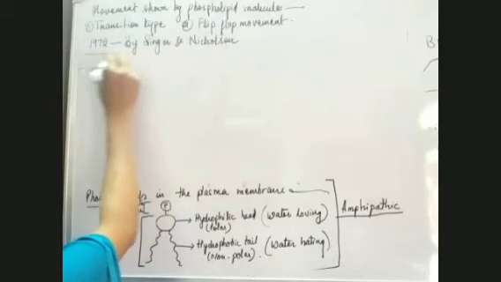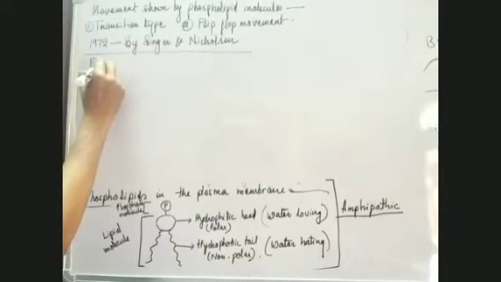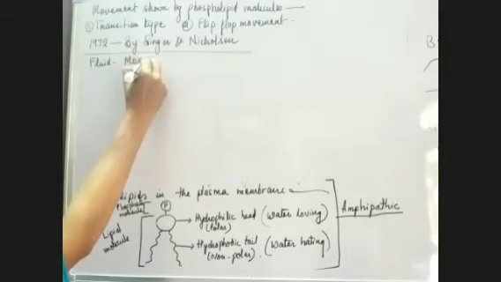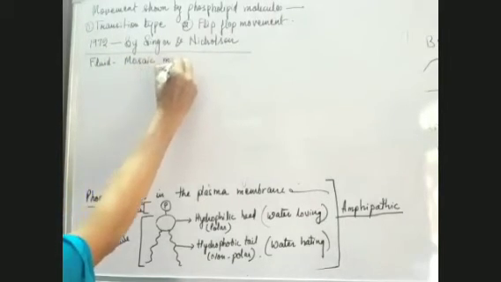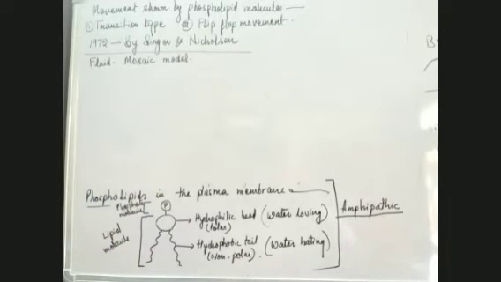These were the two to give the first model of plasma membrane, and the name of that model was fluid mosaic model. It was the most accepted model of plasma membrane.